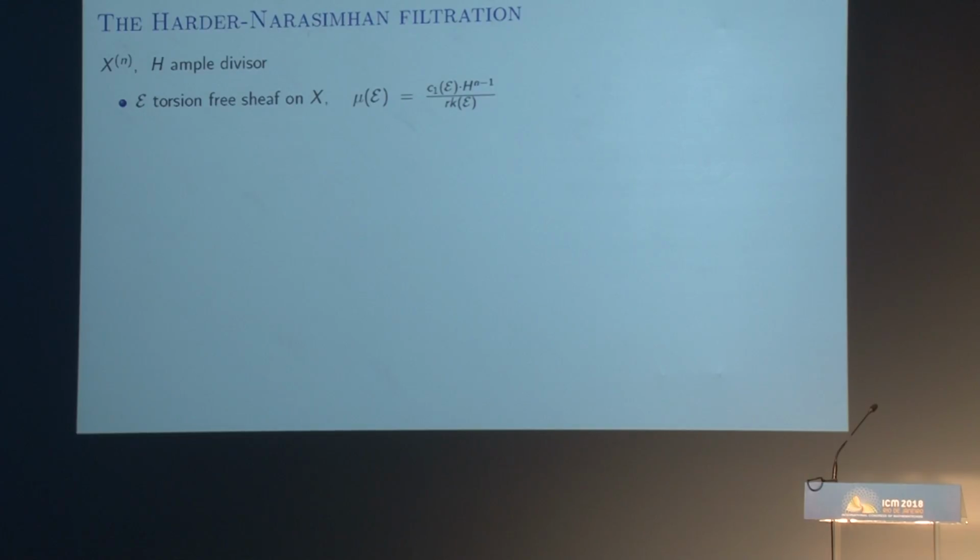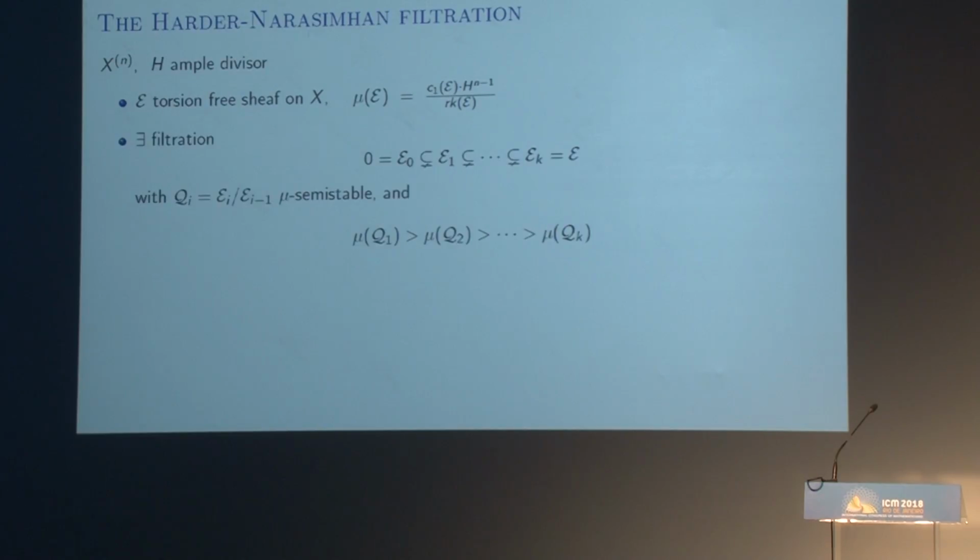Once you have this notion of slope, you also have a notion of semi-stability. A sheaf is semi-stable if it does not contain any subsheaf with bigger slope.